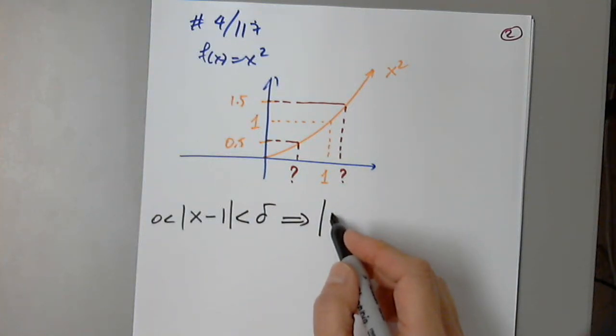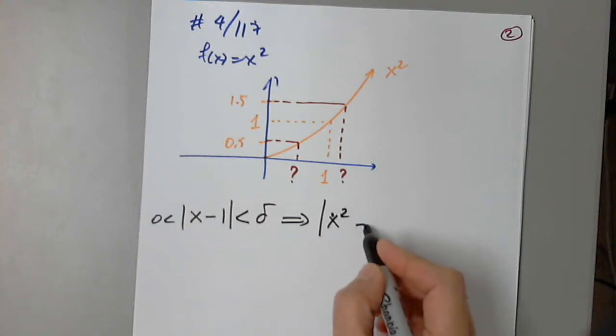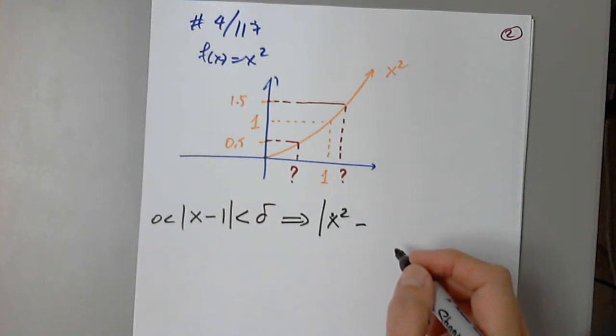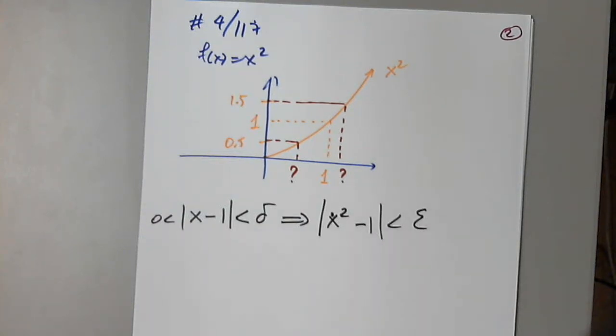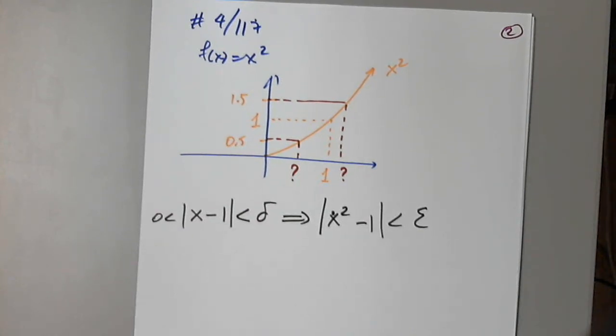F of x, x squared, very good. Minus the limit. The limit is 1, very good. Less than epsilon. However, in the problem, we are given the epsilon. This is not a general abstract proof, but it's a specific one.